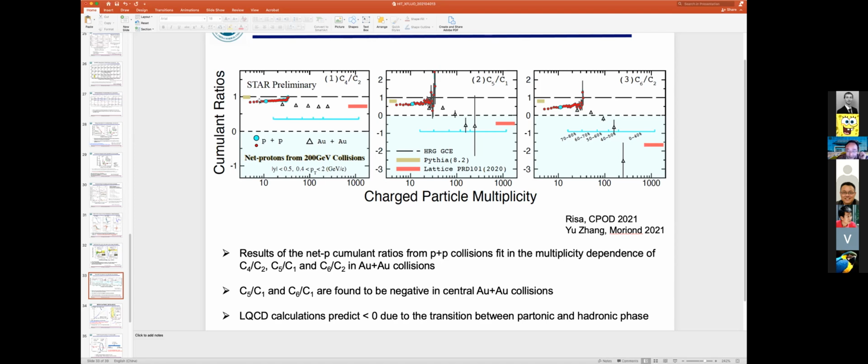But what's behind that still needs to be studied. Okay. But you mean this would be less in higher multiplicity and central collisions? Yeah, this can provide a baseline for studying the critical point. Okay. So I see Dima has his hand raised.